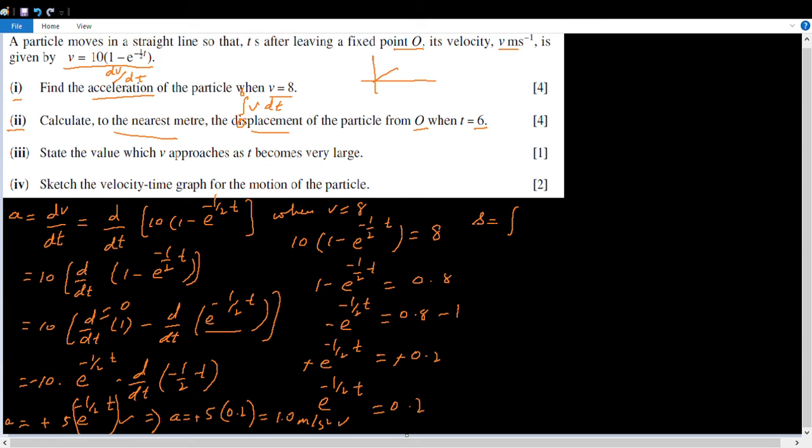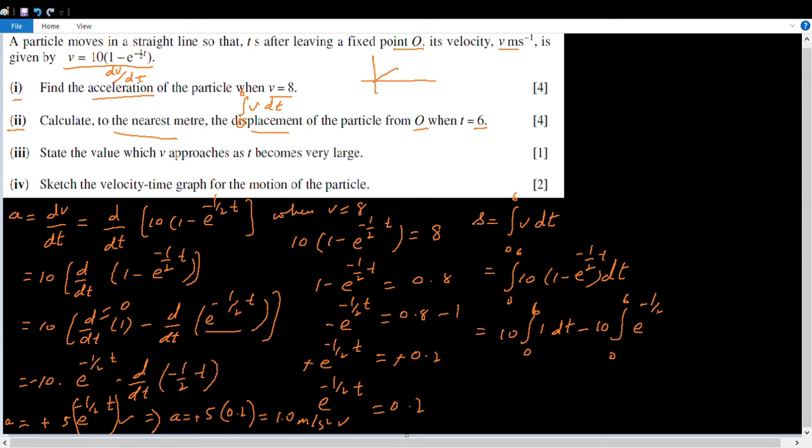S is equal to the integral of v, that is, from 0 to 6, 10 into 1 minus e power minus 1 over 2t dt. Use the brackets carefully, and now take out 10 and split the function like this: 0 to 6, 1 dt, and then minus 10 into 0 to 6 e power minus 1 over 2t dt.